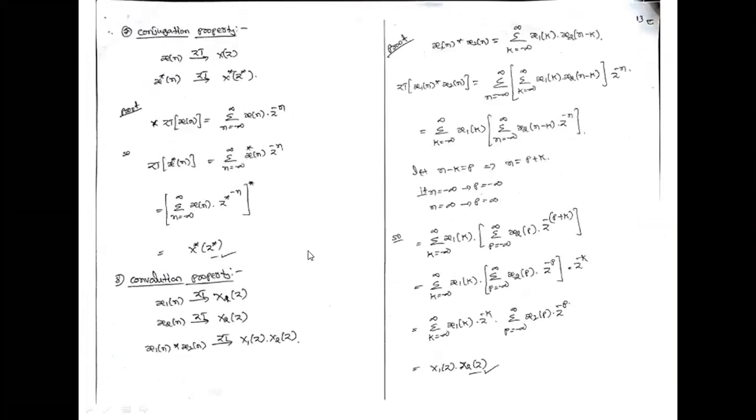See, after the conjugate property, there is another property, the convolution property. So x1 of n has the transformation x1 of z, x2 of n has the transformation x2 of z, and the x1 of n convolution x2 of n has the transformation: time is convolution, the frequency is multiplication.